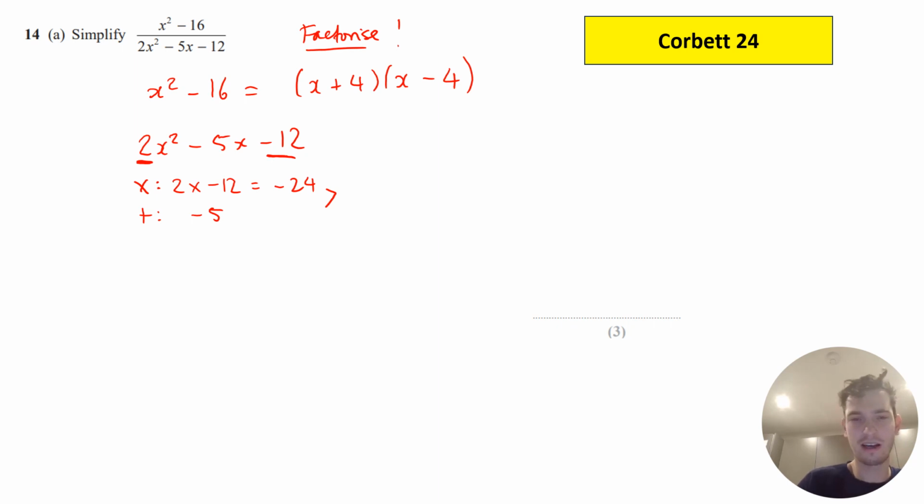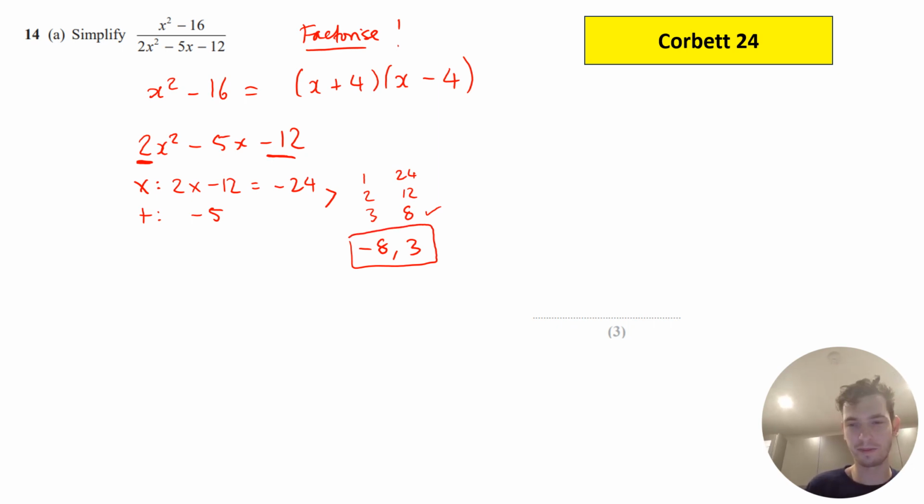If I'm not sure, I can list out the factor pairs of 24. So 1 and 24, 2 and 12, 3 and 8. Well, I think it's going to be 3 and 8 because the difference is 5. So what is it going to be? Well, which one's negative? I think it's going to be minus 8 and 3 because minus 8 plus 3 equals minus 5.